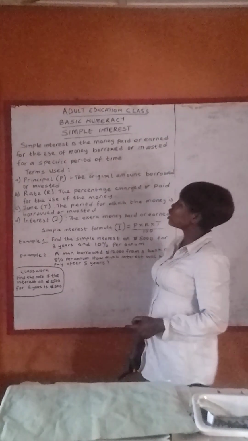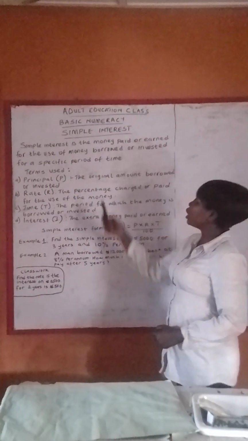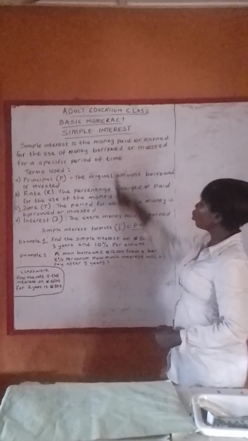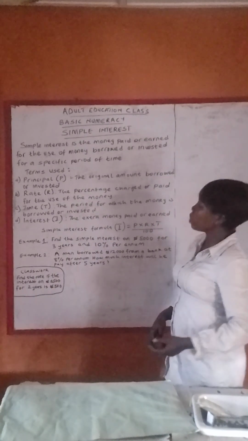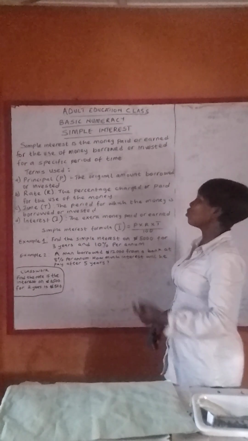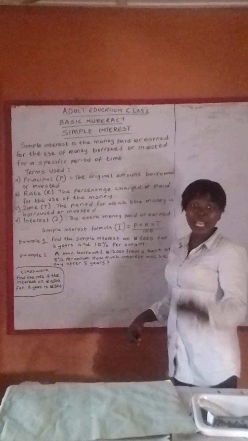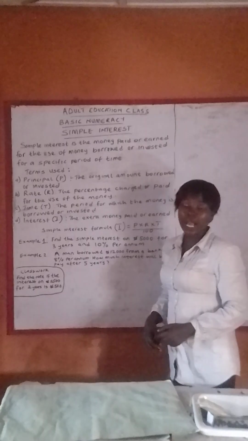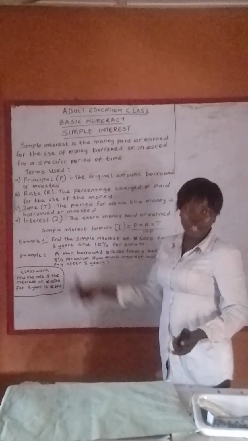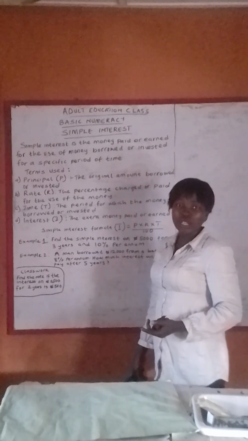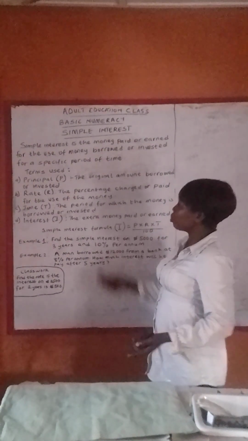Simple interest is the money paid or earned for the use of money borrowed or invested for a specific period of time. And in simple interest, there are some terms we use, and that is what will guide us in solving a question on simple interest.